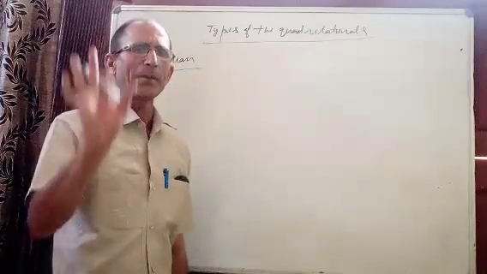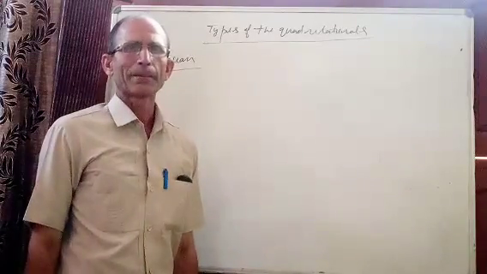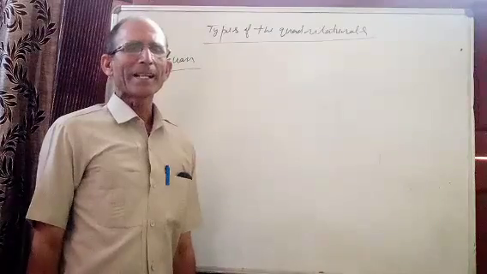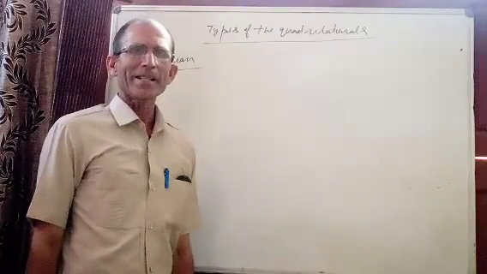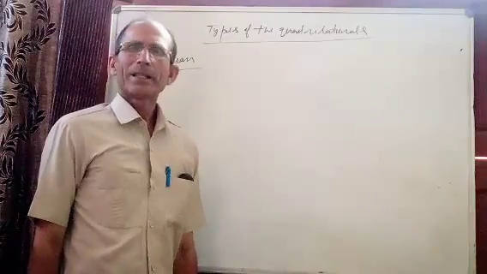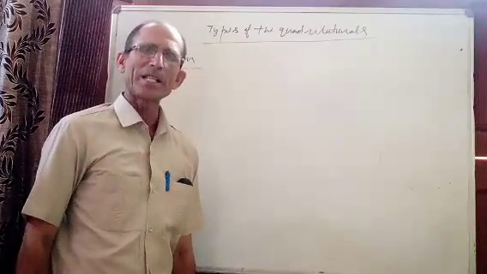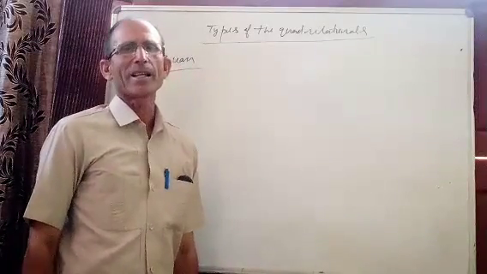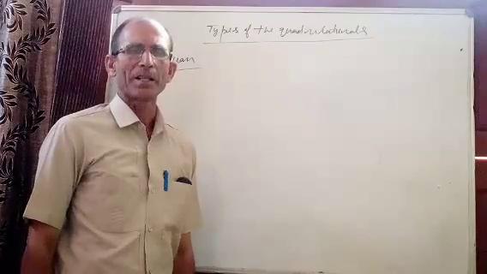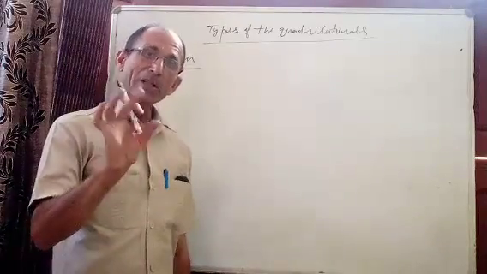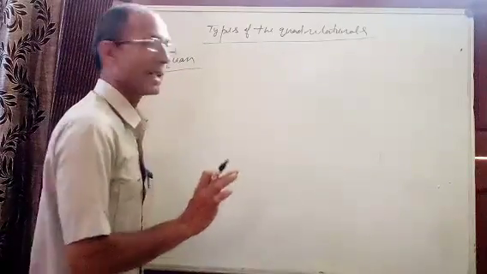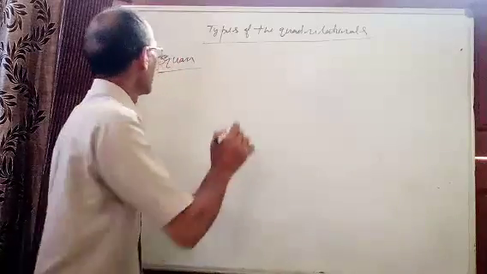So what is the difference between square and rectangle? In a rectangle, only opposite sides will be equal. But in a square, all the sides are equal. So, what is the definition of a square?